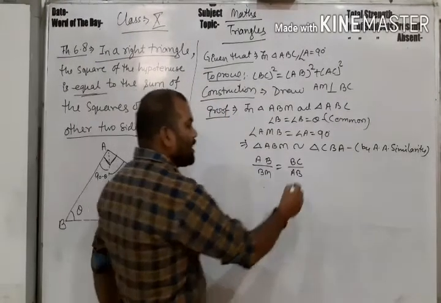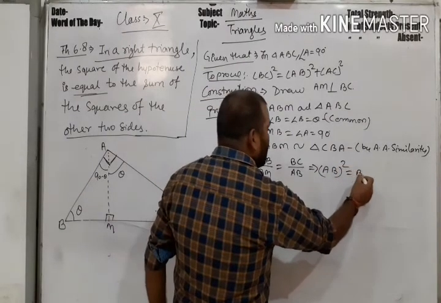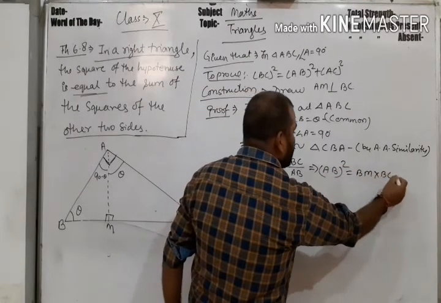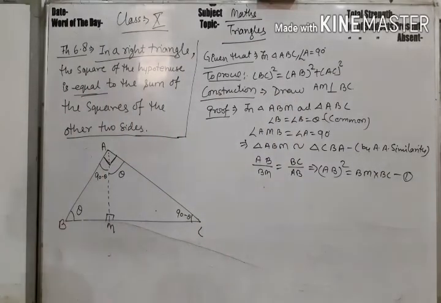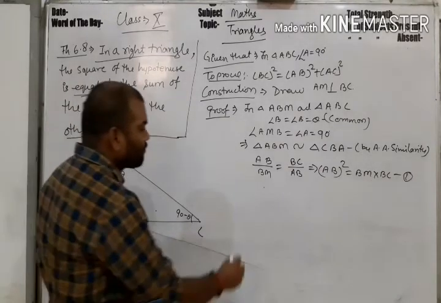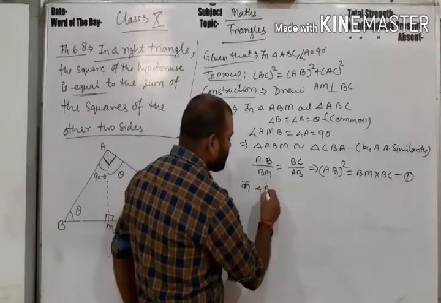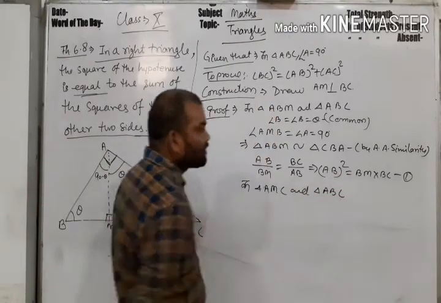Now if you cross multiply, we will get AB square is equal to BM into BC. Clear? Similarly, we will take triangle AMC and triangle ABC. Again we will prove it similar.